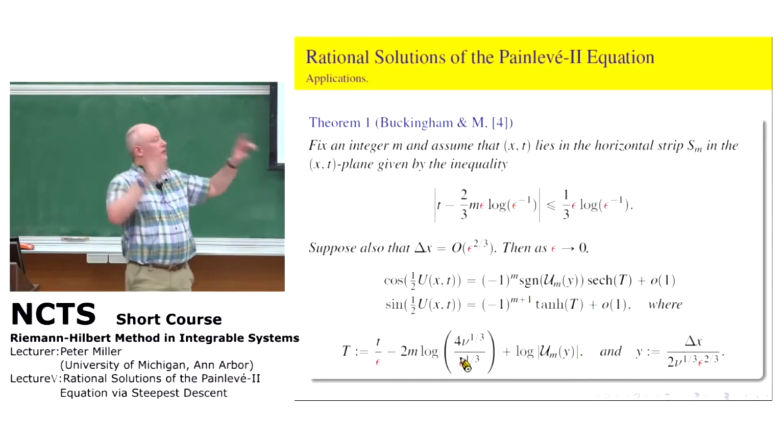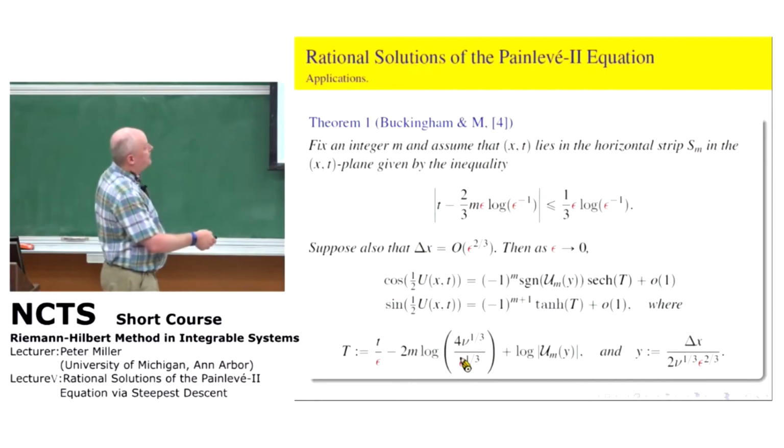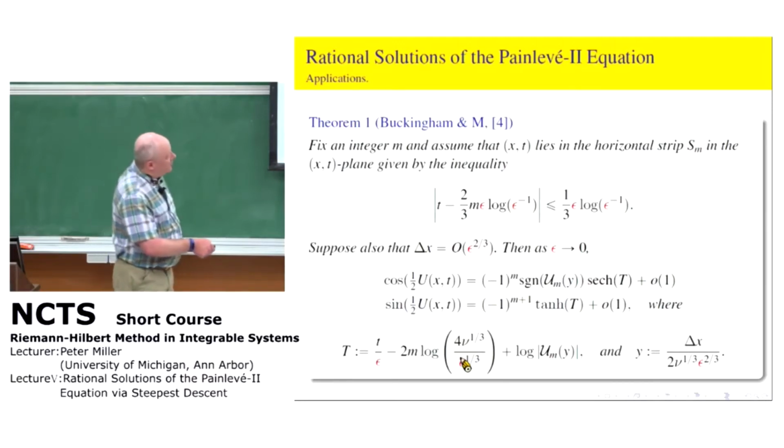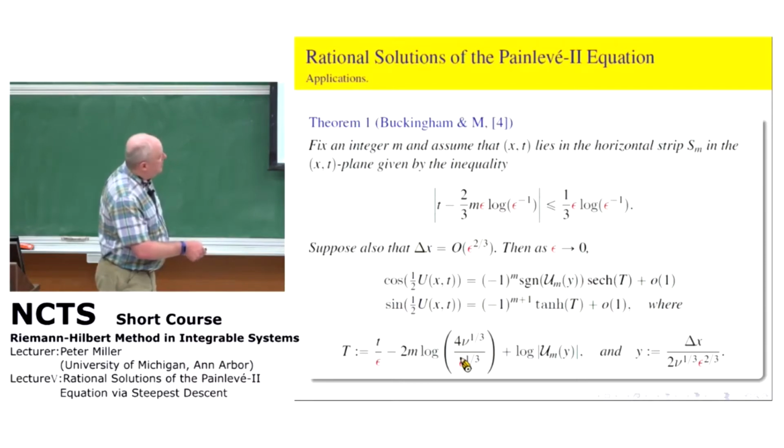That is the solution described if you think of capital T as just time over epsilon. But that's not all that's in this capital T. There's other stuff here. There's a constant that has this parameter nu in it. And there's also a correction term inside the argument of this kink, log of the absolute value of u_m of y, and that is one of these pendulum functions.